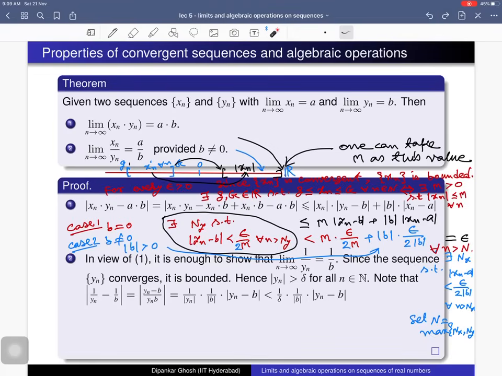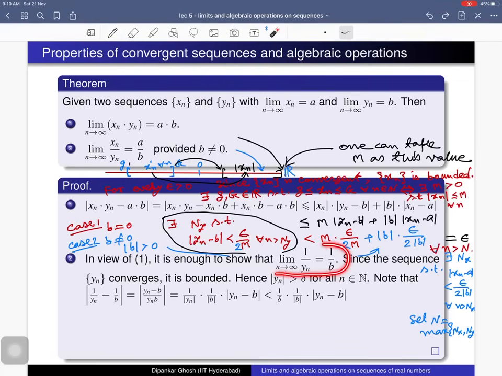We will use the fact that the limit of the product of two convergent sequences is the product of the limits. In view of this statement, it is enough to show that the limit as n tends to infinity of 1 by yn is 1 by b.